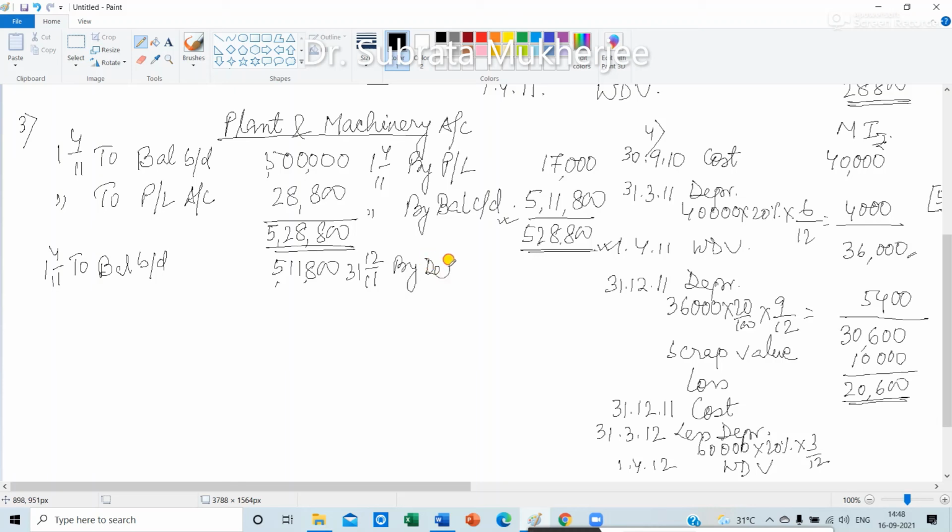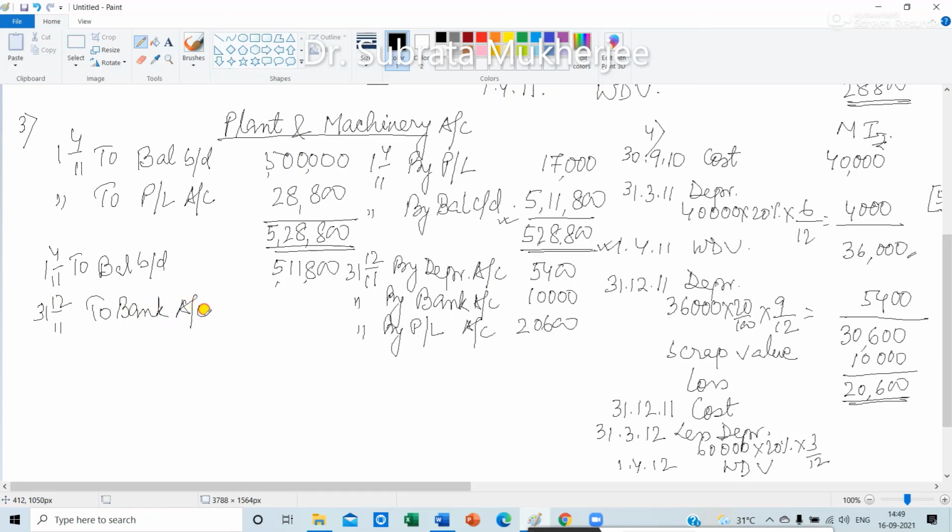So the depreciation on rupees 40,000 is 5,400 by depreciation account, then by bank account is 10,000, by PL, that is the loss on sale, is 20,600. Now, on 31st December 2011, the third machinery was purchased for rupees 60,000. So, plant and machinery account debit to bank.